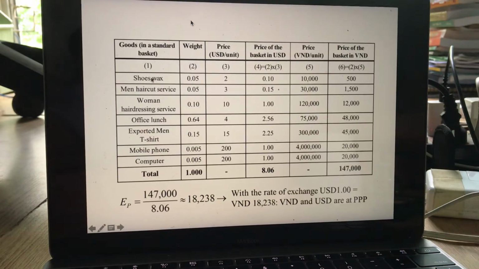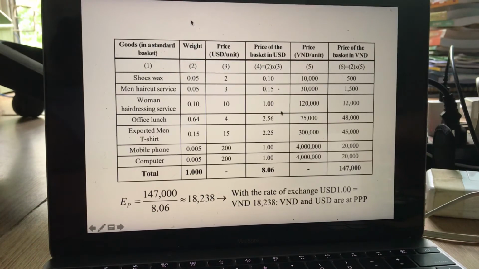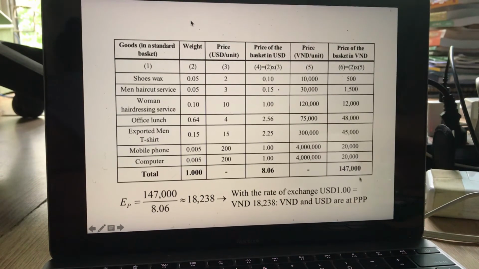First, you need to decide what kind of goods are included in the standard basket, then the weight of each good and the price of that good. And we compute for the domestic economy and for the foreign country, and we come to the price of the whole bundle, the price of the bundle in Vietnamese dong and the price of the bundle in USD.